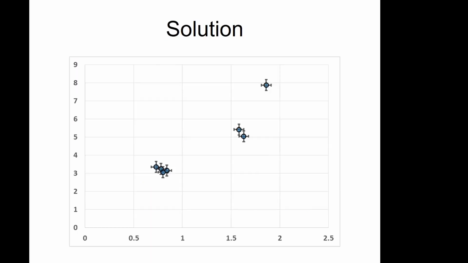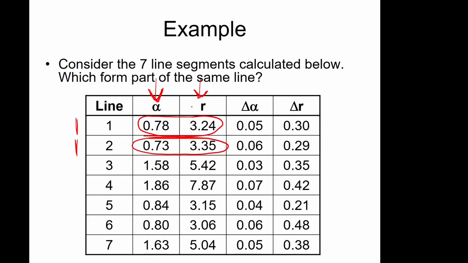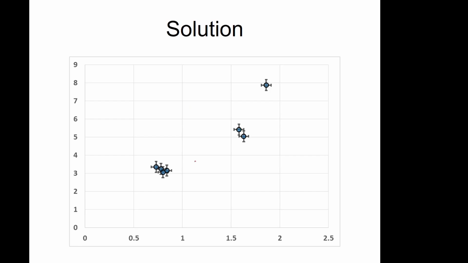And if we plot R against alpha, what we find is we get a cluster of points here, we get a cluster of points here, and we get a point here. So from all the measurements we have taken, we've actually determined 3 features within the environment, each with a characteristic R and alpha at these values.